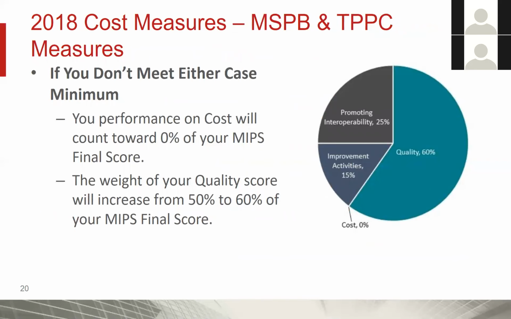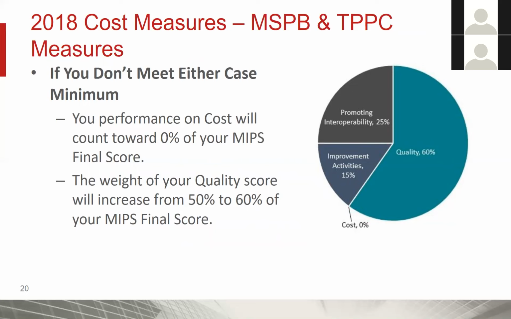So as I mentioned, both MSPB and TPCC have these case minimum thresholds that are very important for purposes of scoring. If you do not meet either case minimum threshold, your performance score on cost will count towards 0 of your overall MIPS final score. And what will essentially happen then is CMS will shift the weight to your quality score. So essentially, your quality score will count for 60% instead of 50% of your overall MIPS final score.